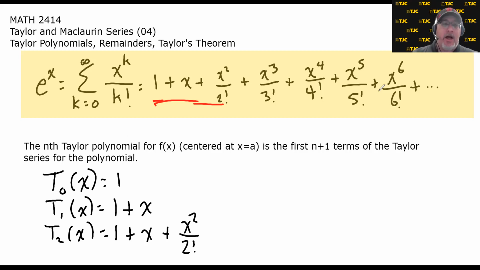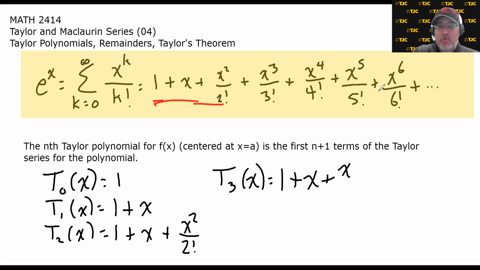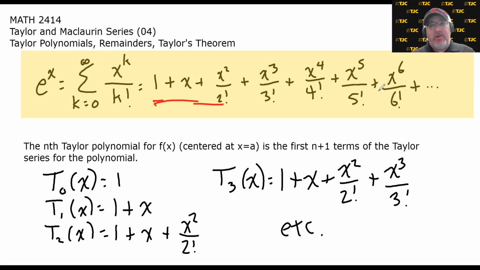The first Taylor polynomial goes out to x to the first. The 0th Taylor polynomial goes out to x to the 0, so it's constant. So what's the third Taylor polynomial? What's the series up until x to the third? 1 plus x plus x squared over 2 factorial plus x cubed over 3 factorial. So for each Taylor series, there's an infinite number of Taylor polynomials.